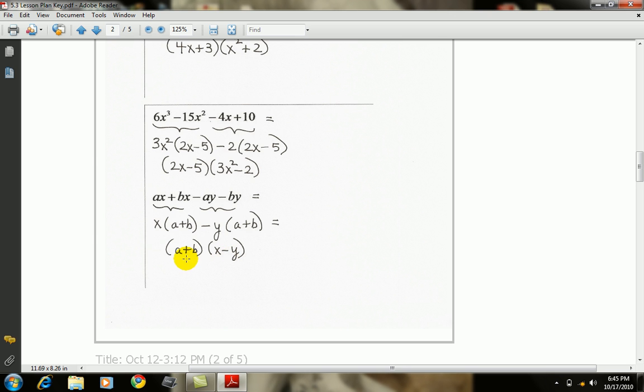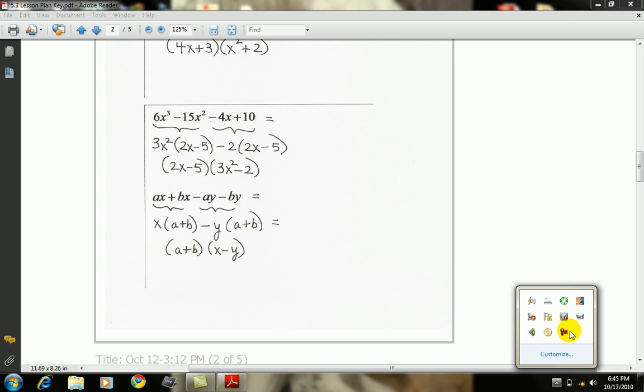So our answer is a plus b, and when I say quantity, I mean in parens, multiplied by quantity x minus y. Same comment applies as I made earlier. If you have them in the reverse order, where x minus y is in the front and a plus b is in the back, you still have the correct answer.